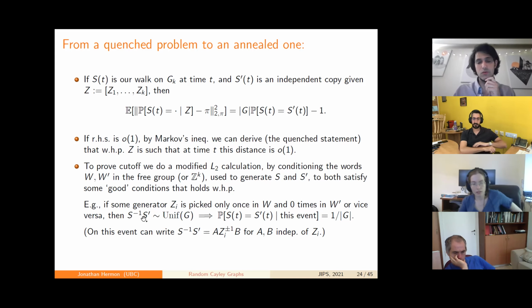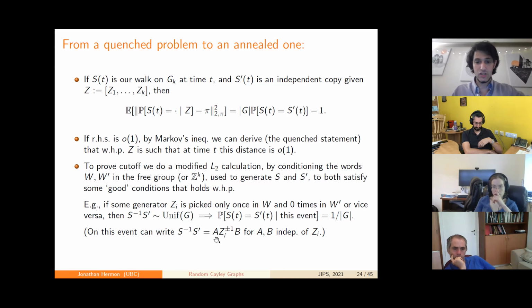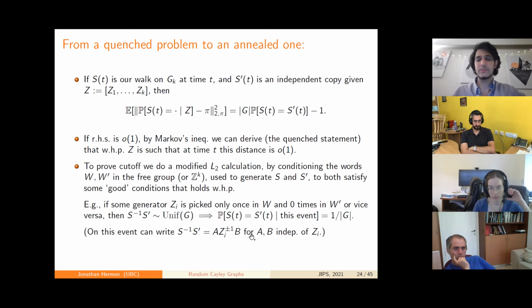Then if this happens, we will have that S inverse times S prime is uniformly distributed on the group. The reason is that it's going to be equal to some A times Z_i or Z_i inverse times B, where A and B don't involve Z_i. Those are independent of Z_i. And when you have something like that, this is going to be uniformly distributed because Z_i is uniformly distributed.